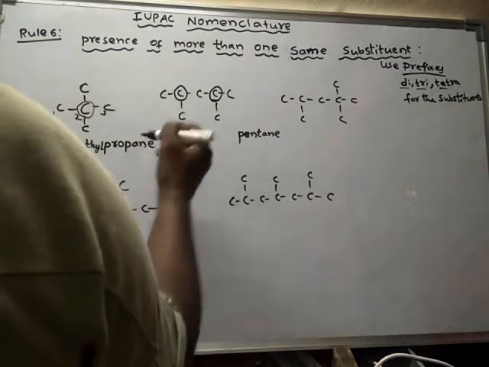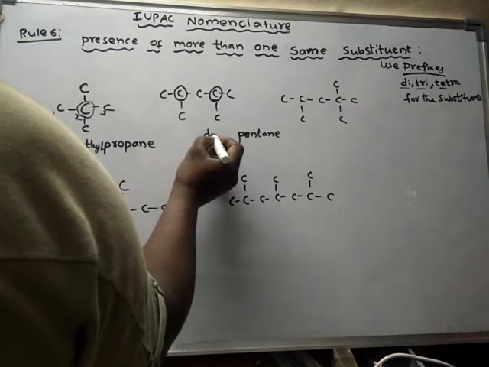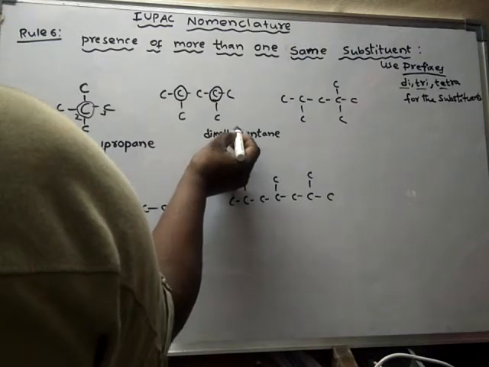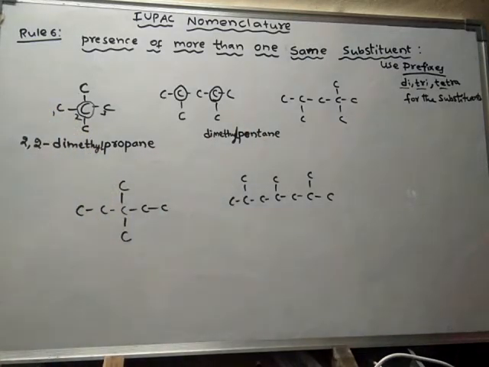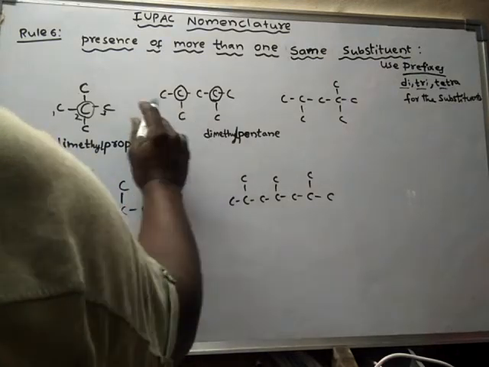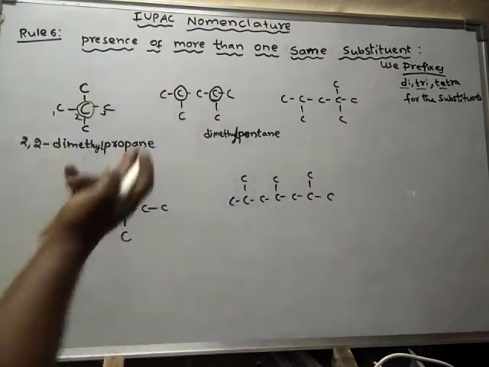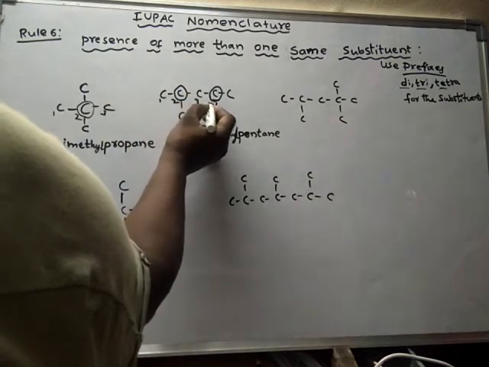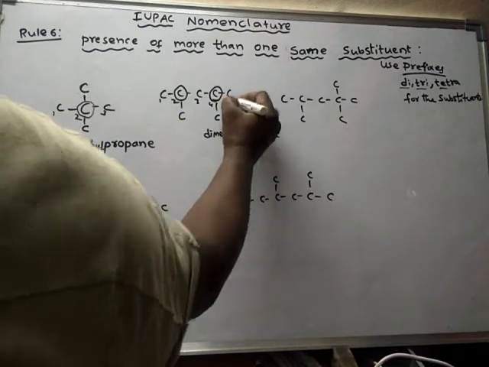How many? Two are there. That is why dimethyl pentane. On which carbon? From either of the directions, it will be the same in this compound. Hence 1, 2, 3, 4, 5.